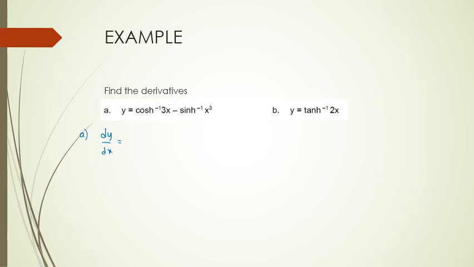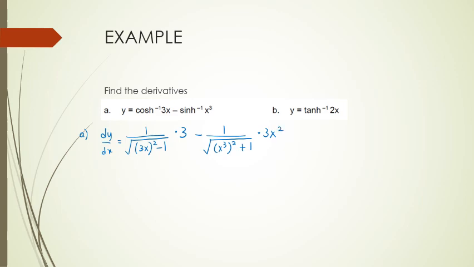Okay, using the table, we know that differentiating cos hyperbolic inverse becomes 1 over the square root of 3x square minus 1, times 3, minus differentiating sine hyperbolic inverse becomes 1 over the square root of x cube, square plus 1, times 3x square.